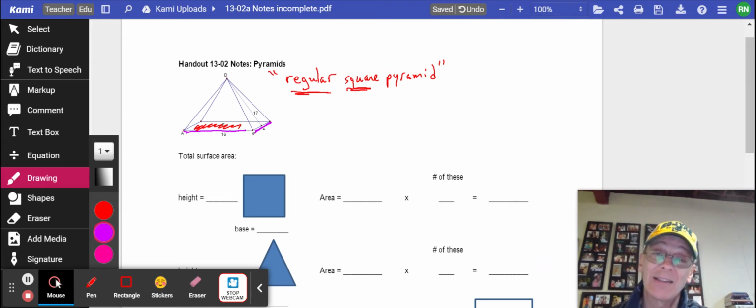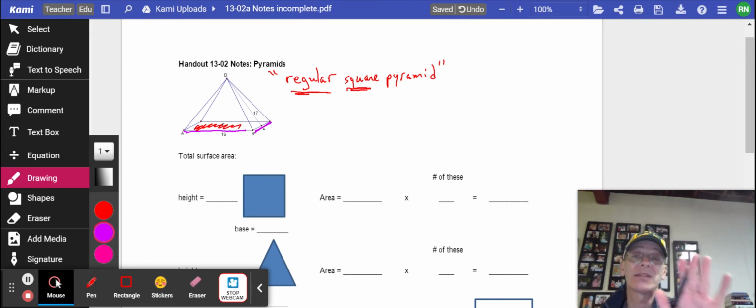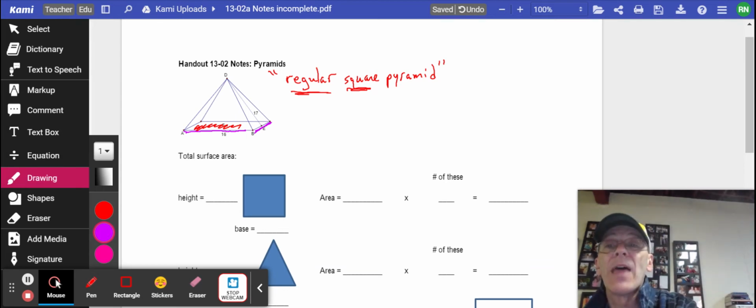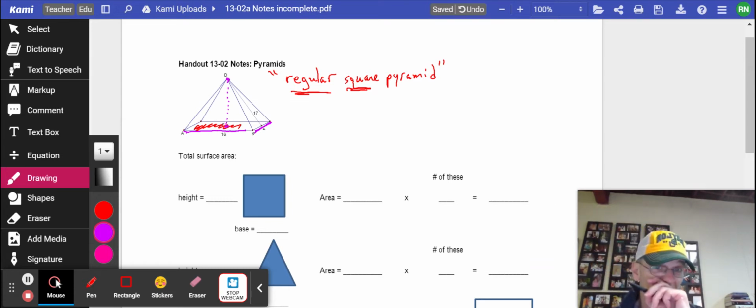That must also be 16. And so that triangular surface on the right side of that pyramid is truly the same size as that triangular surface in the front there. That point D must be directly over the very center point of that square base. That's how you get a regular square pyramid. And I believe the pyramids that have been built around the world are, in fact, regular square pyramids, or at least they were intended to be like that.